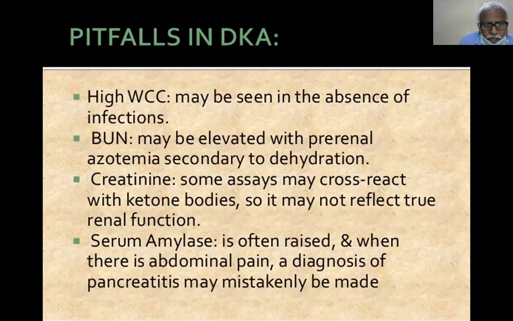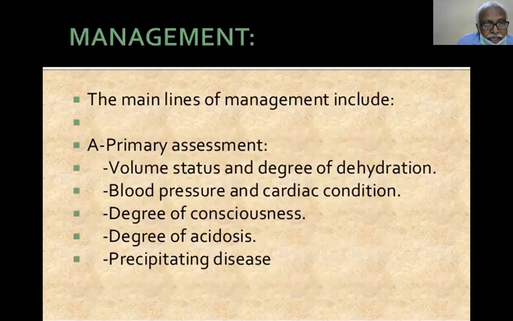Blood urea nitrogen may be elevated with prerenal azotemia secondary to dehydration. And creatinine: some assays may cross-react with ketone bodies, so it may not reflect true renal function. Serum amylase is often raised when there is abdominal pain. A diagnosis of pancreatitis may mistakenly be made in DKA.